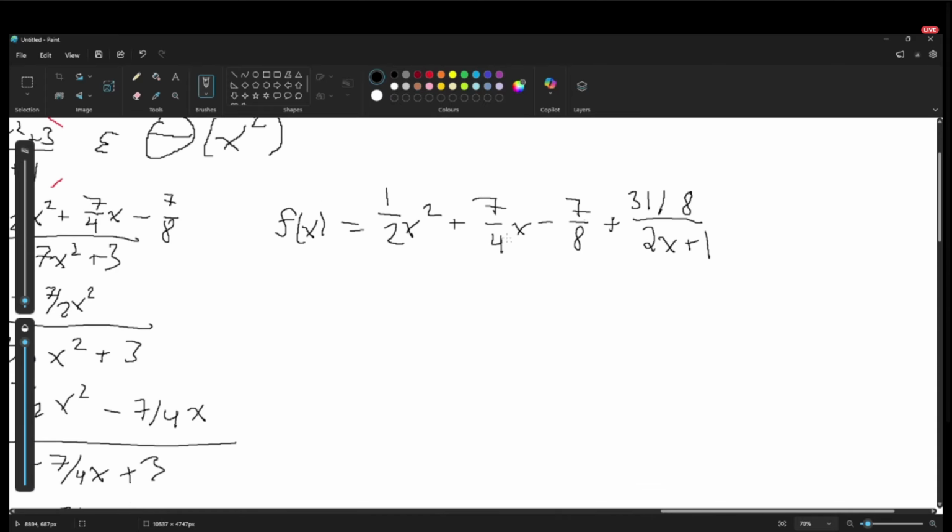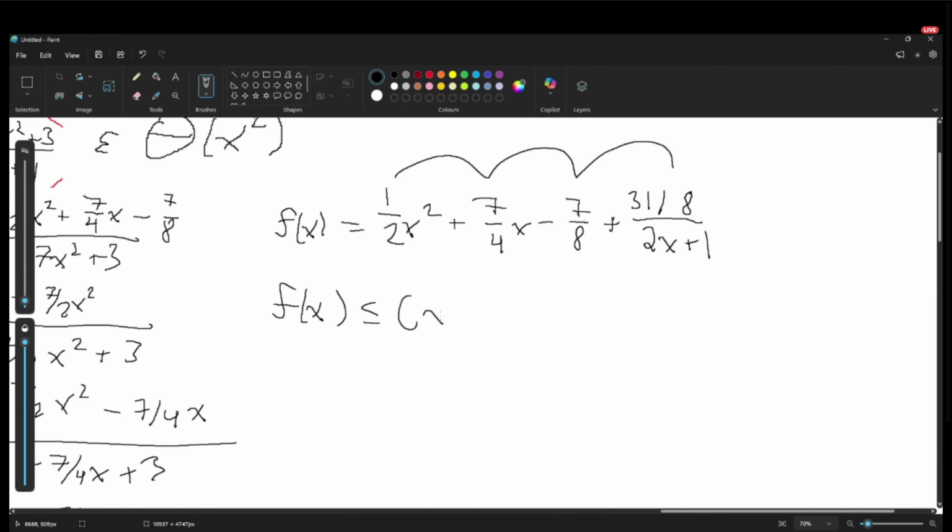And then it's easy to show that f of x is within big theta of x squared, because you can notice that f of x is less than or equal to the sum of these on the x squared term.